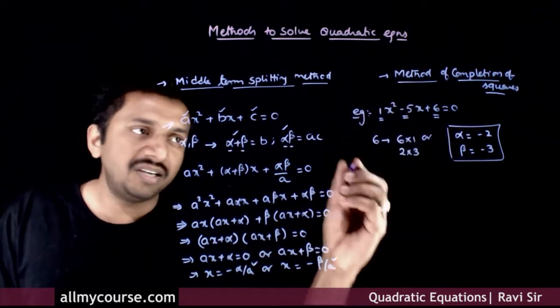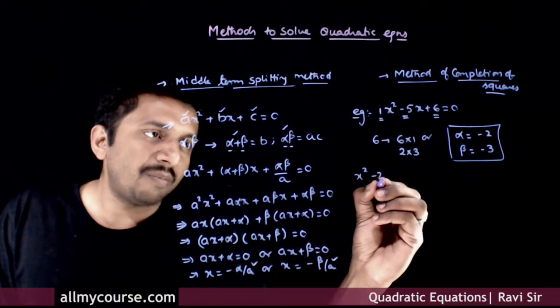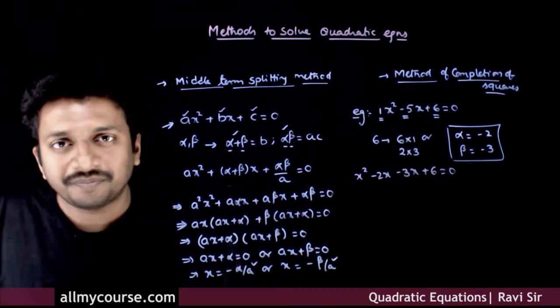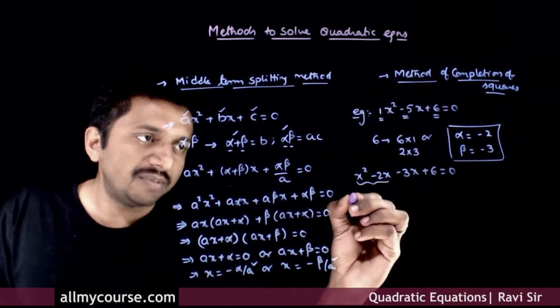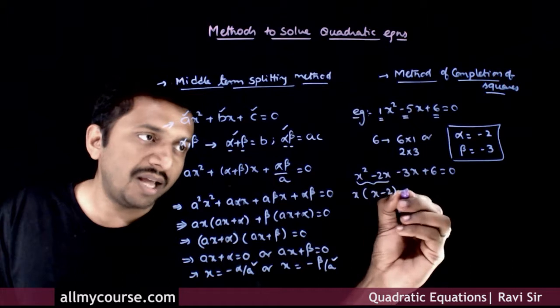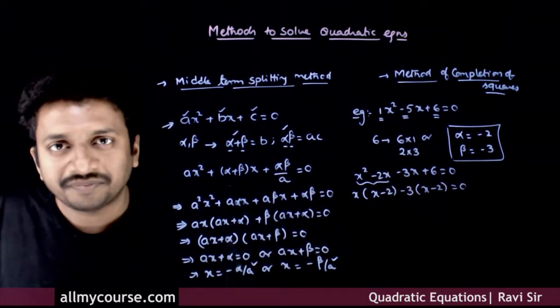So let us split the terms. You have x square, and minus 5x is written as minus 2x minus 3x, plus 6 is equal to 0. In the first two terms, take x as common, you get x minus 2. In the next two terms, you take minus 3 as common, you again get x minus 2, is equal to 0.